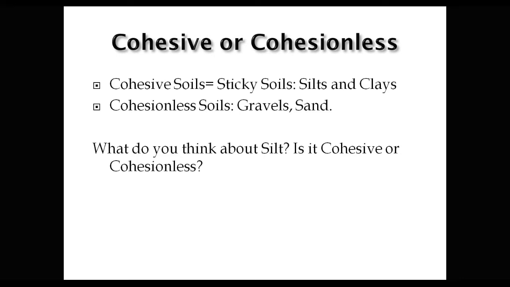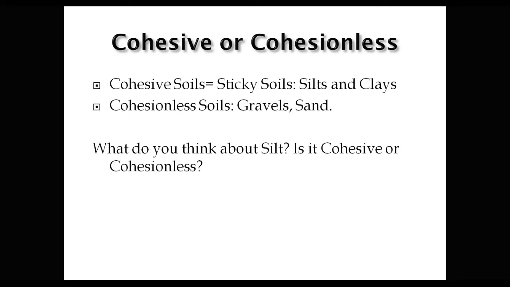And I'm going to talk about the pore water pressure and other effects that actually cause the cohesiveness in the soil. But that's a discussion for another day. Now, what do you think about silt? Is it cohesive or cohesionless? It's actually a loaded question, because in my practice I've seen many engineers classify silt to be a cohesive soil by default.